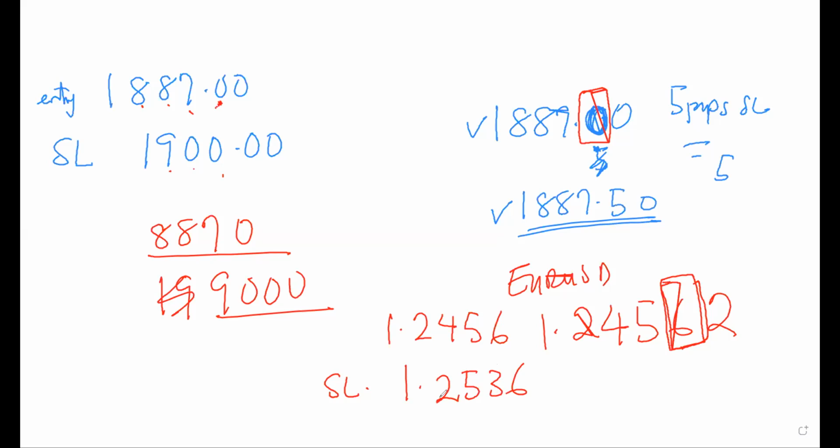1.2536, all right? Now you will discover that the 2 and 2 are the same. So you focus your attention on 456 and 536. This is what you're going to subtract to get your stop loss value, because this 6 is the most important. So you can't say 45 minus 53.